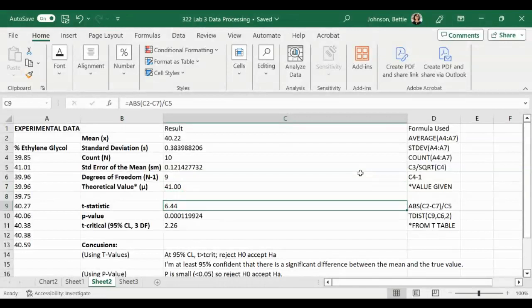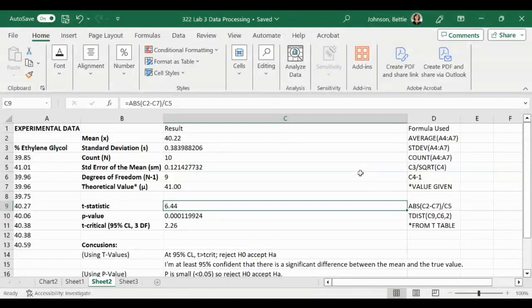From there we can calculate a t-statistic. The calculated t-statistic is equal to the experimental mean, the value in cell C2, minus the known value, the value in C7. I put absolute value because your t-statistic is always going to be a positive value. Then we divide that by the standard error of the mean, which is found in cell C5.